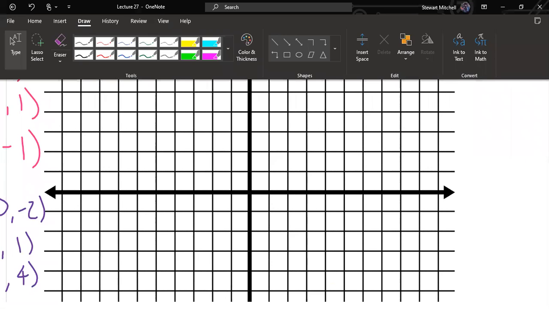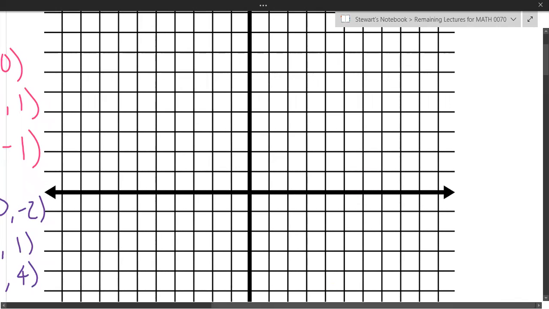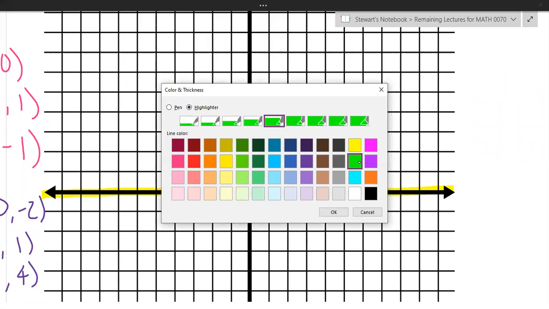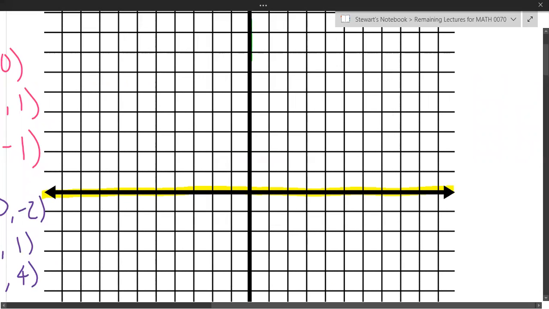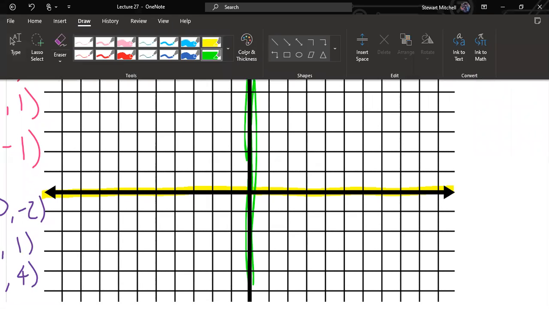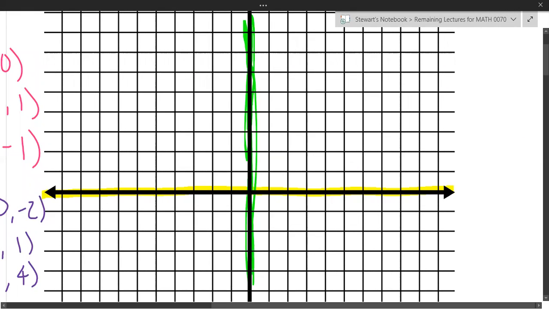We do that just for the sake of demonstration. The x-intercept is when the graph passes this line, and the y-intercept is when the graph passes this. Oh, that was not the highlighter. That is why that was not working. So the y-intercept is when the graph passes through this vertical line.